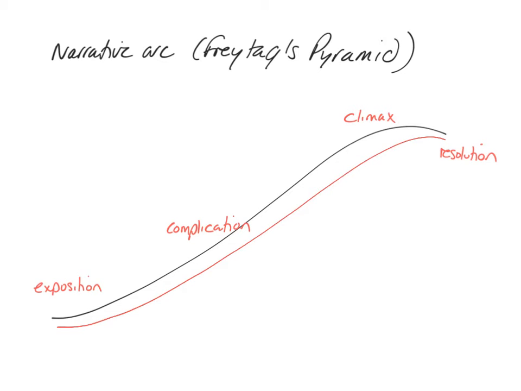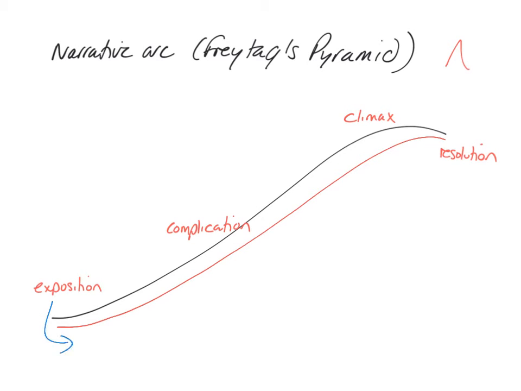Okay, so that is called Freytag's pyramid. It's not really a pyramid, okay? It's not a very good pyramid if it is, but you've got these stages, and at a very basic kind of outline of it, you've got exposition, complication, climax, resolution.